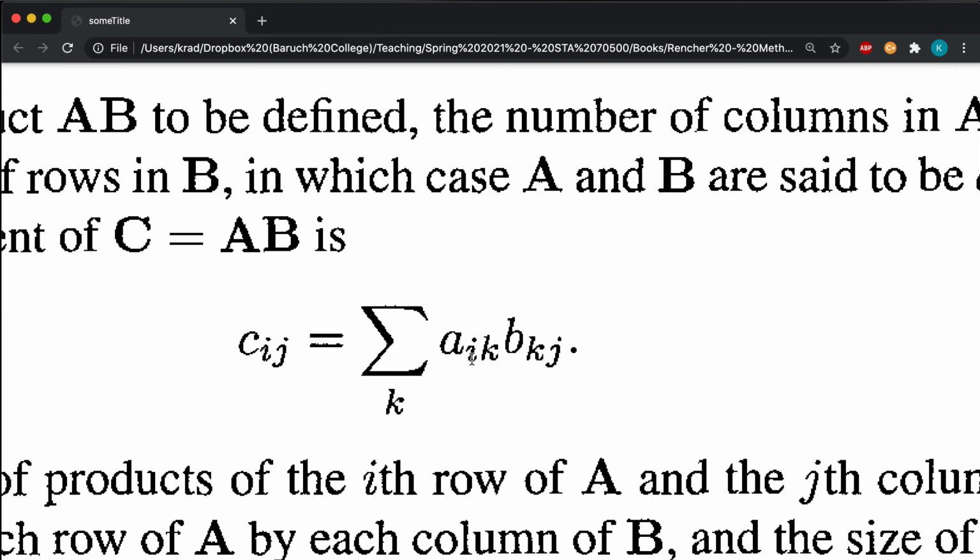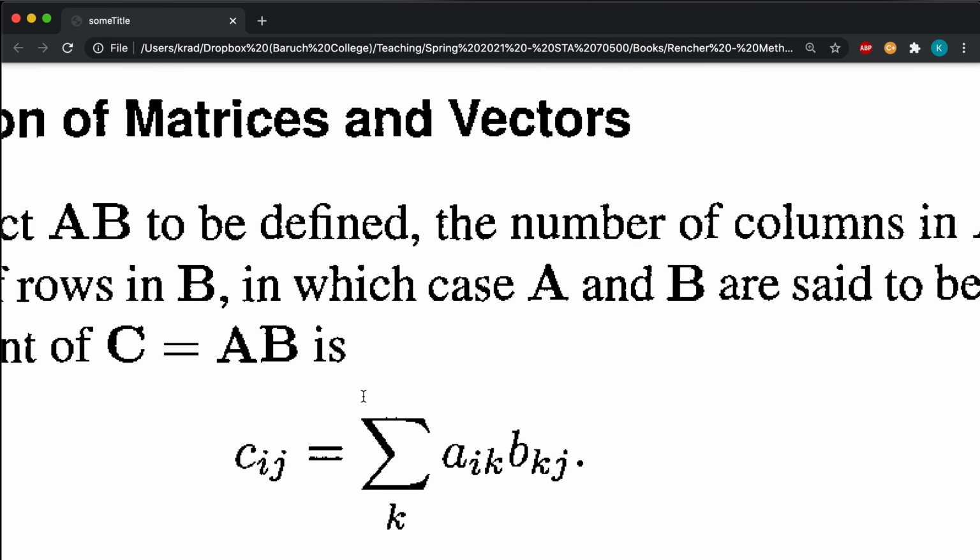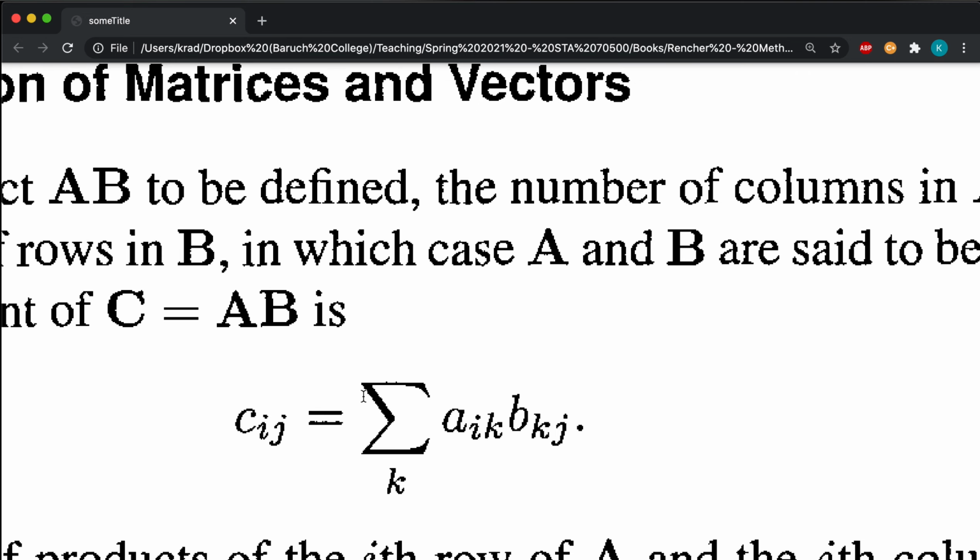So you have A_i1 times B_1j plus A_i2 times B_2j, and so on and so forth. And that will be the ijth element of C. In other words, C_ij is the sum of products of the ith row of A and the jth column of B.